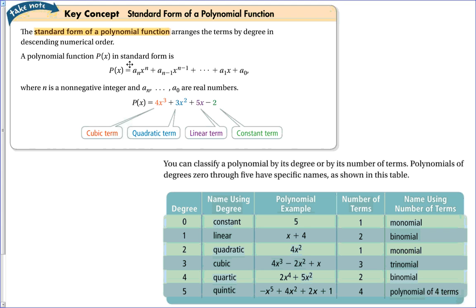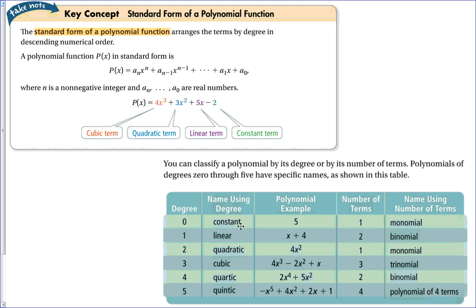Basically all this says is you just write your exponents in descending order. It doesn't matter what your coefficients are. That is standard form. So like 4x cubed plus 3x squared plus 5x minus 2 is in standard form, whereas if you switch these two terms, it wouldn't be in standard form. That's all this is telling you.